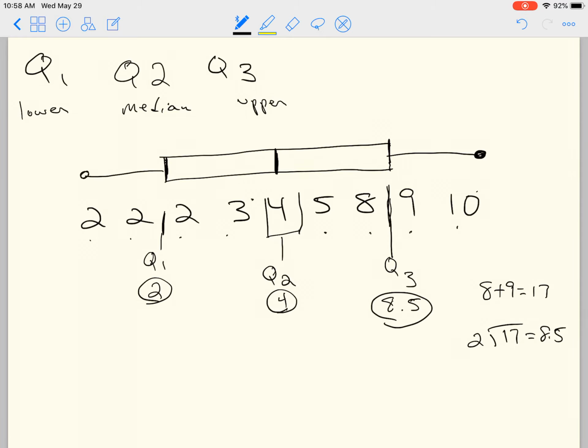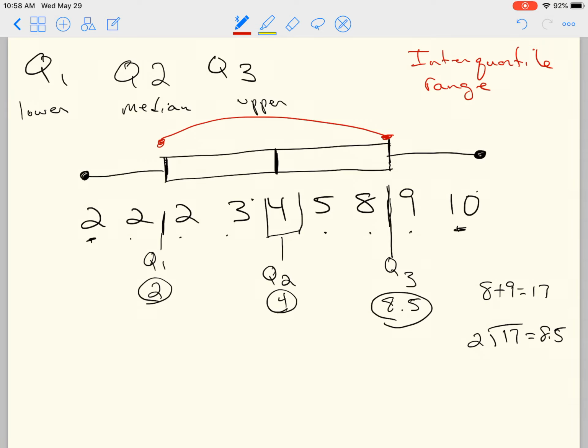Your whiskers identify the data range. Our total data range is from 2 to 10. Our interquartile range is from here to there.